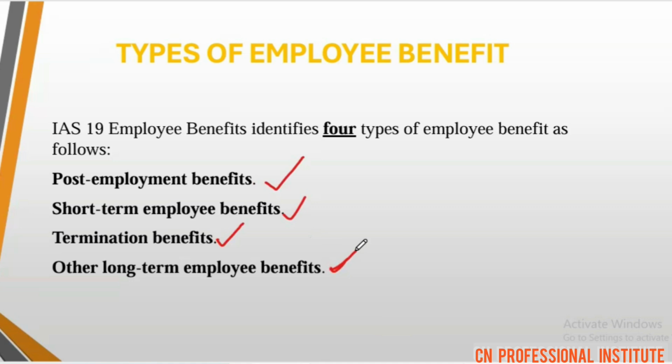These are the four types of employee benefits outlined by IAS 19: post-employment benefits, short-term employee benefits, termination benefits, and other long-term employee benefits. This is what is covered in the standard.